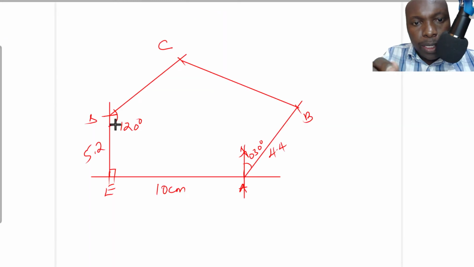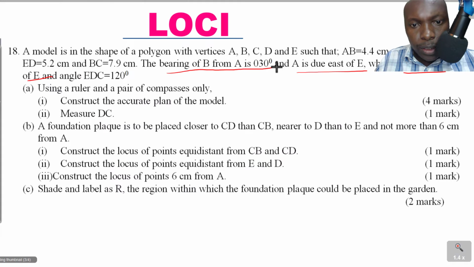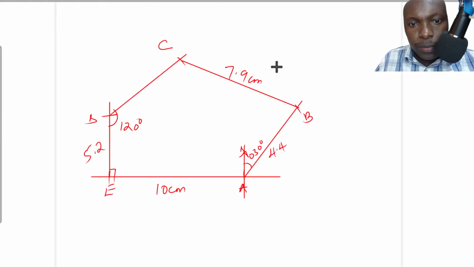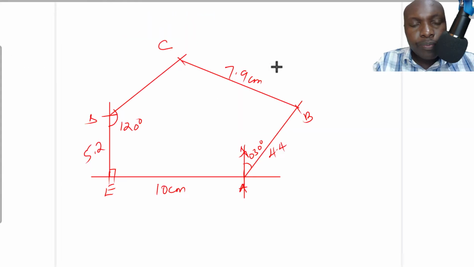BC is 7.9 centimeters. DC is not given; you're supposed to calculate that. I think I've done the sketch.